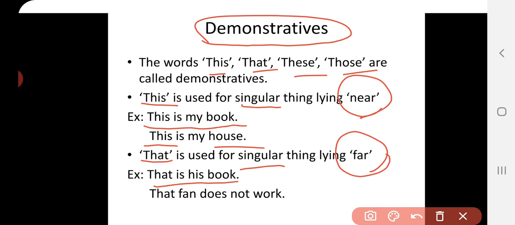That fan does not work. Okay, so fan is the noun and that is used, it means the fan is far from the speaker. The speaker, the one who is speaking, the fan is far away from him, and that's why he has used that to mention the fan.